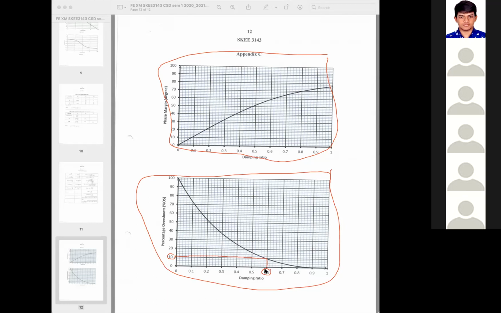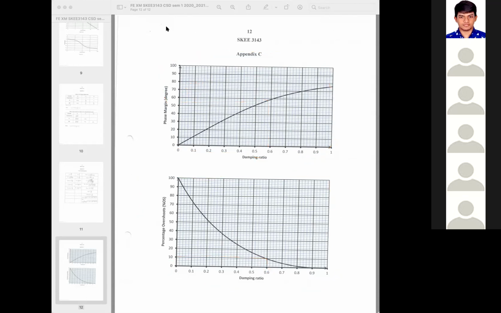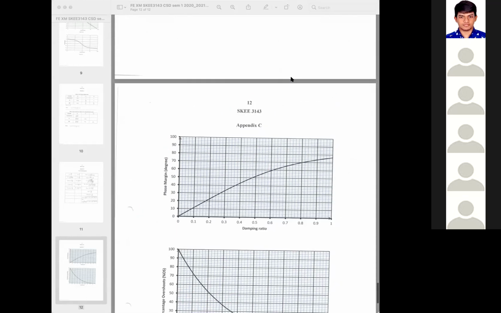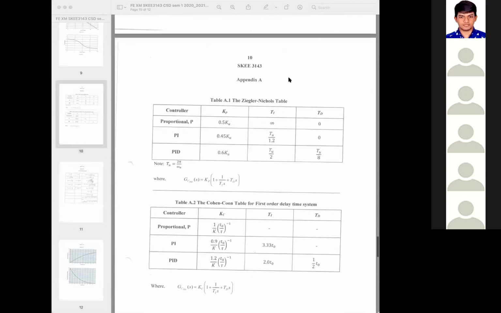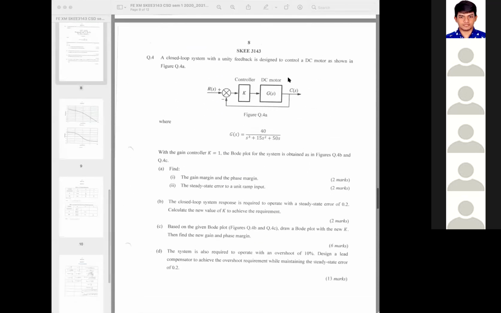And zeta 0.59 here, roughly about here, will give you the phase margin 58 degrees. So you use this 58 degrees as our target phase margin.